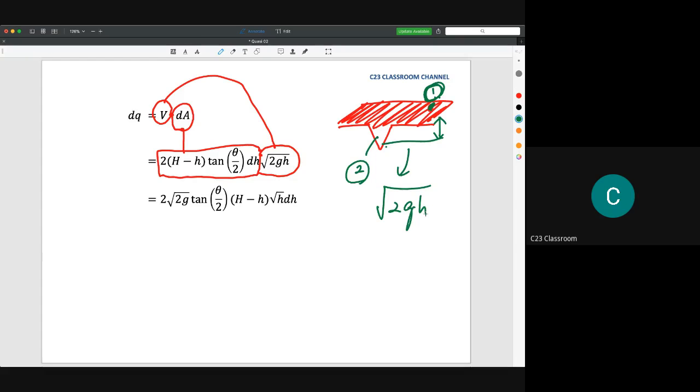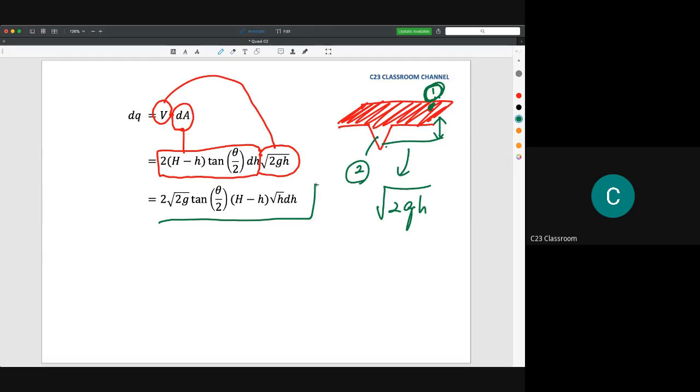So actually, you need to do the Bernoulli equation for that situation too, but because you already learned it in Fluid Mechanics 1 and Fluid Mechanics 2, I skip it. So I assume that you know from where square root gH comes from. Okay. And then we rearrange this equation. So we have this one.